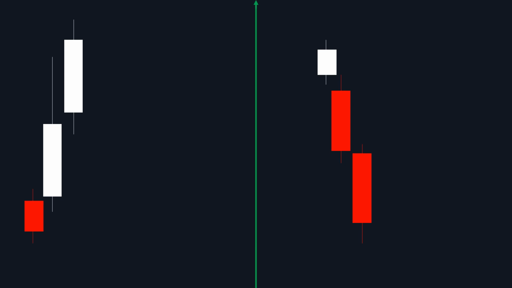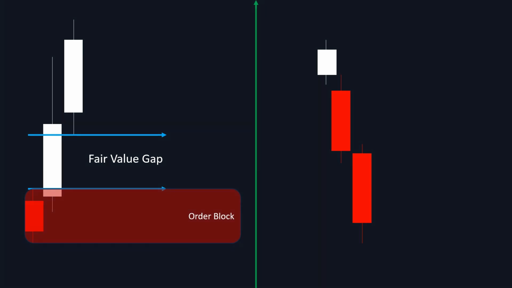In a bullish scenario, price often makes a sharp move to the upside, leaving a clear imbalance, also called a fair value gap. For a bullish order block, identify the last bearish candle before a sharp upward move. Price frequently revisits the order block, offering trading opportunities. Now let's move on to the left side for a bearish scenario.